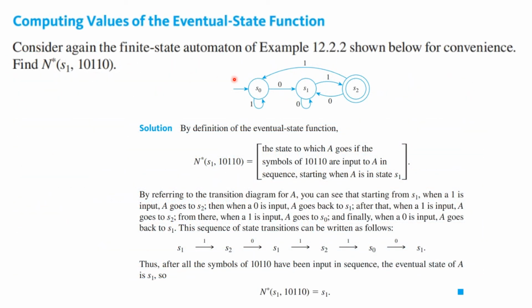So we're considering the example that we just talked about, and here we're going to go through the eventual state. We'll start at S1 and put in this input stream, and we see that it goes to S1. Now S1 is not one of the accepting states, so this would not be accepted.